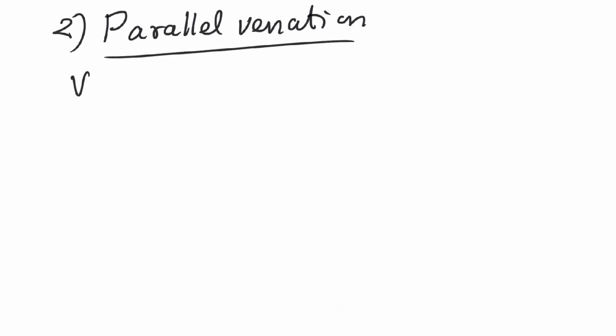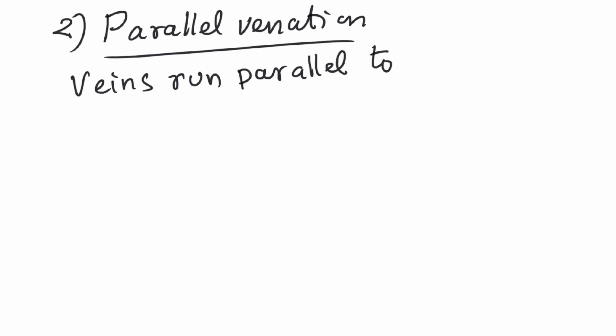Now going on to the second major kind of venation which we mentioned in the beginning of this video, that's the parallel venation. Once again, the wording is self-explanatory. Parallel means the veins, the multiple principal veins, are parallel to each other. So the veins run parallel to each other.